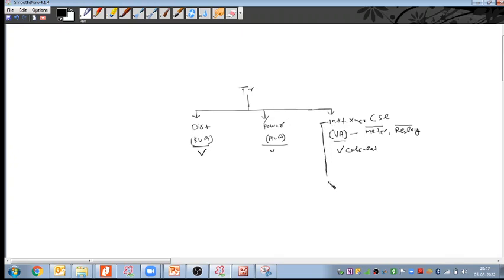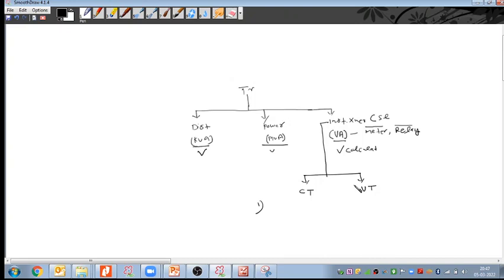The instrument transformer we divide again into two parts: the current transformer and the voltage transformer. As we discussed, the current and voltage transformer is not a current and voltage measuring device. It is just like a power system transducer.